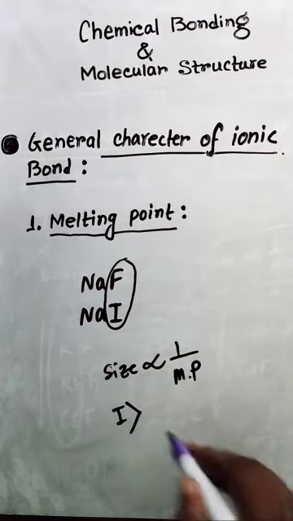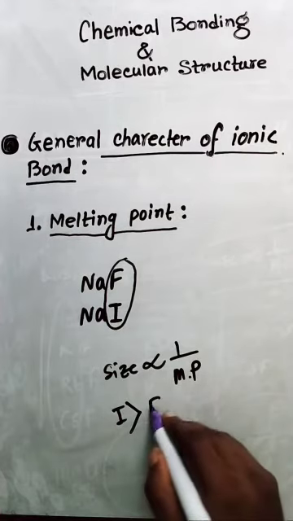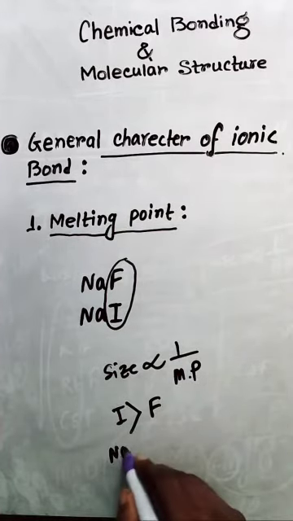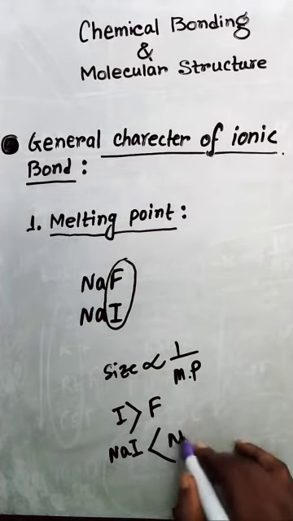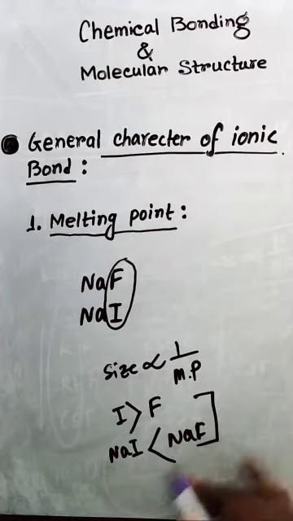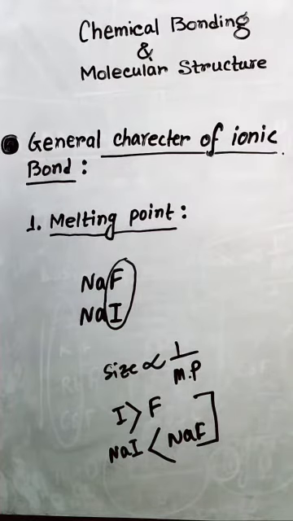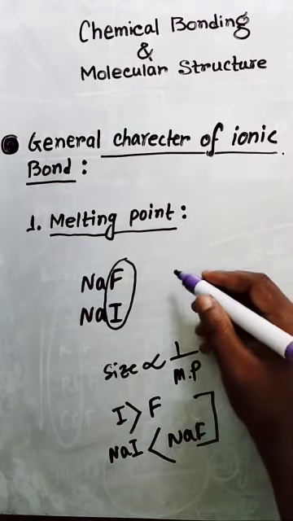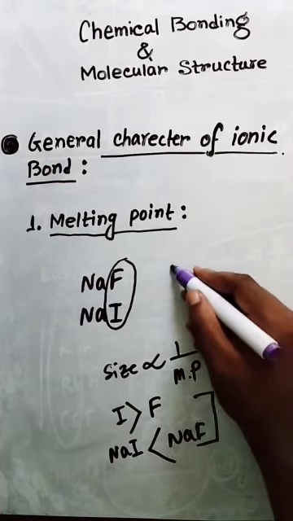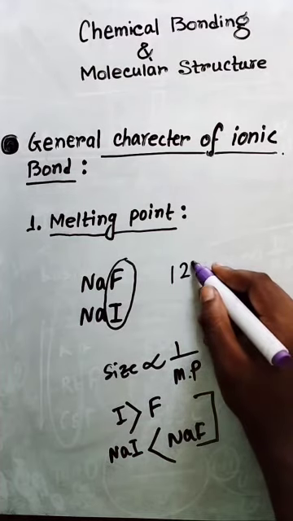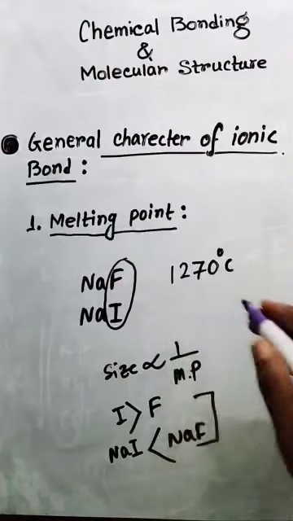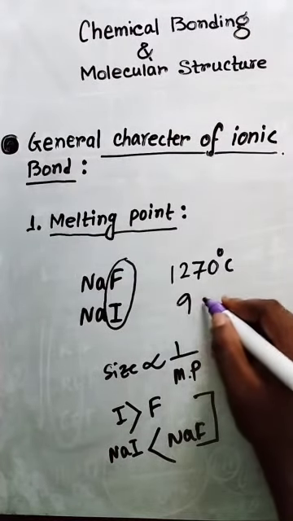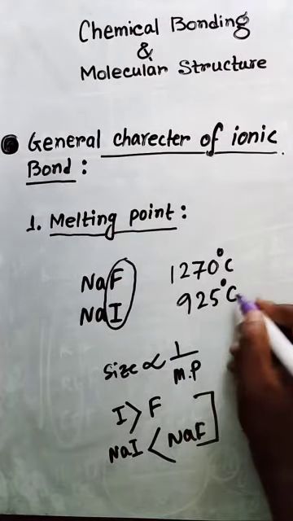Here iodine has greater size than fluorine, so sodium iodide has a lower melting point than sodium fluoride, because it is inversely related. The actual melting point of sodium fluoride is 1270 degrees centigrade, and for sodium iodide it is 925 degrees centigrade.